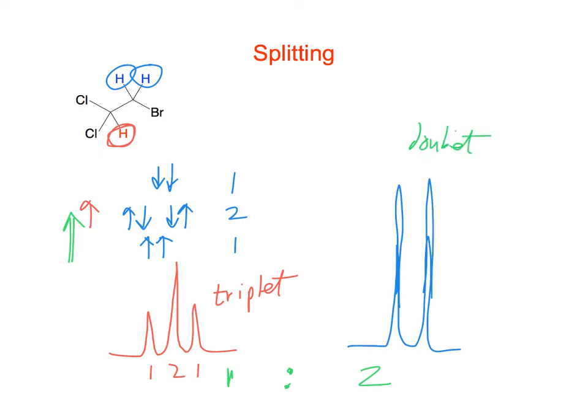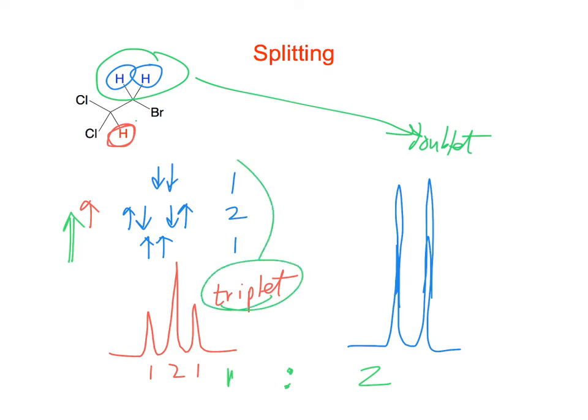We observe the doublet from these two protons. There are two protons, and they have one proton in red on the adjacent carbon, so the two protons are split into a doublet. Then we have this triplet, a peak just for this proton here, and it's a triplet because it has two protons on the adjacent carbon.